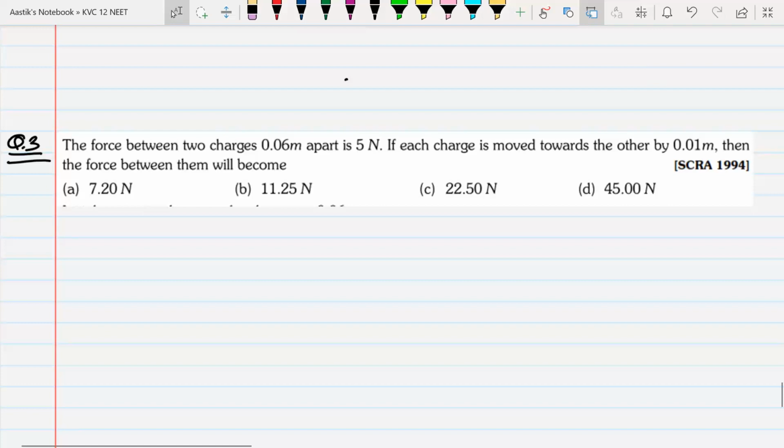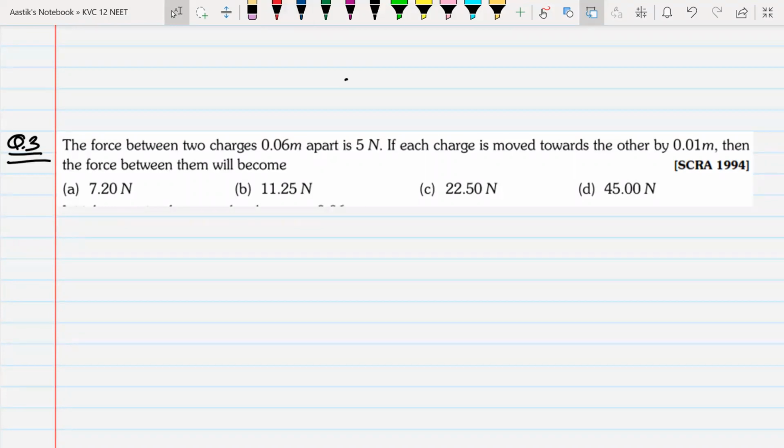Any answers? Shall I solve it? So the charges are same.